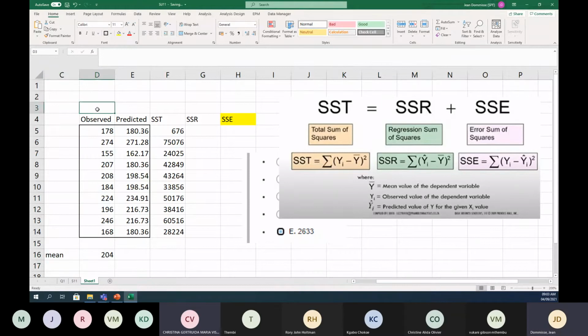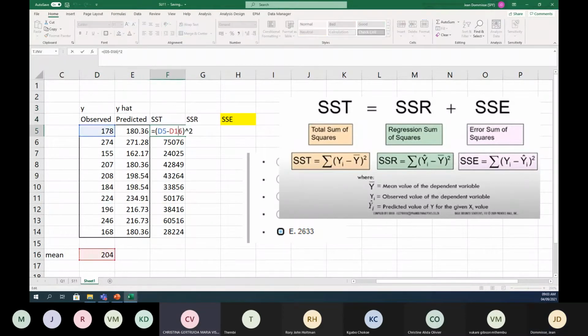Okay, so you can also see this as y and as y hat. Just like that.